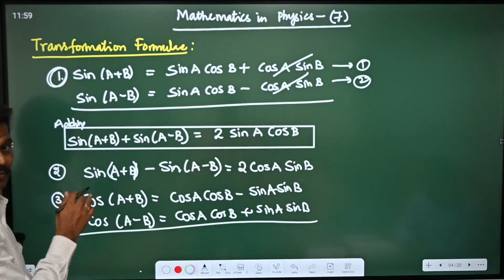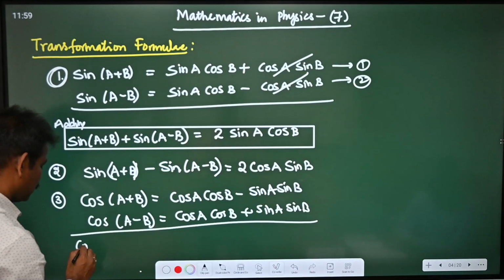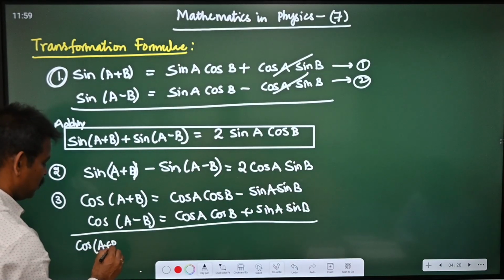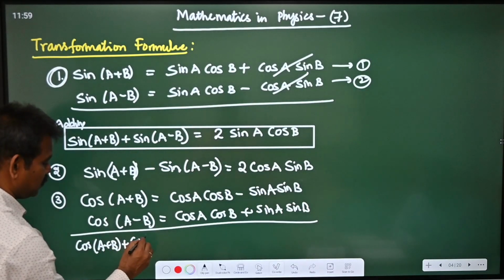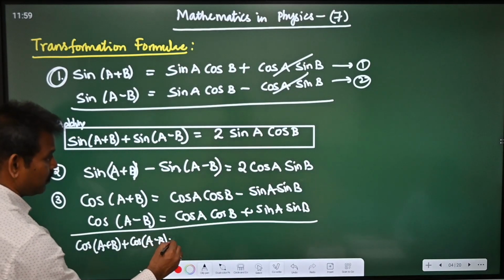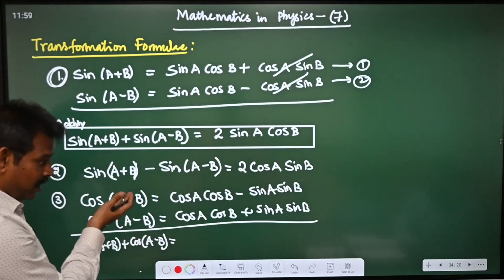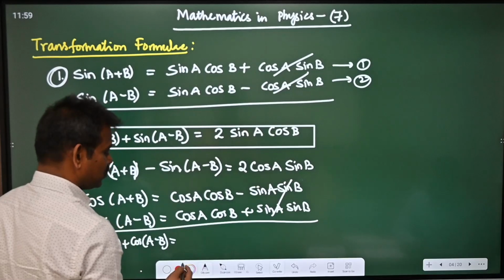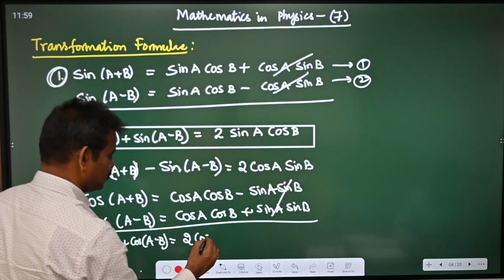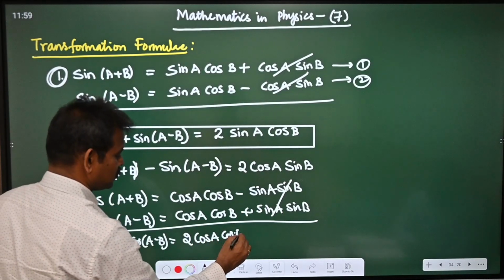So that third formula in transformation is cos A plus B plus cos A minus B will become, when we are adding these two, we know that these two get cancelled. This will become 2 cos A cos B.